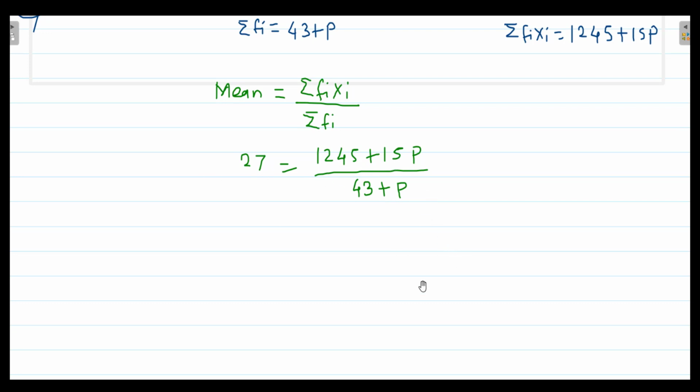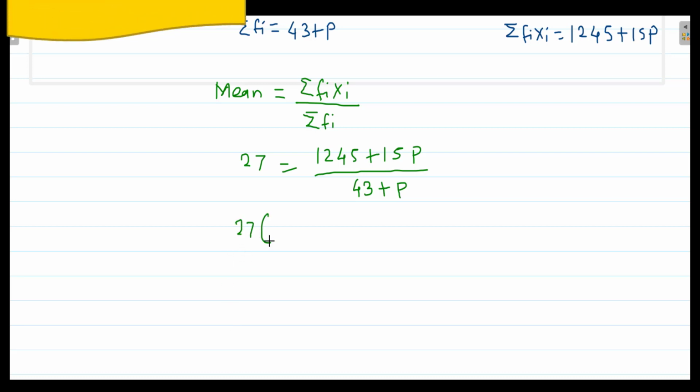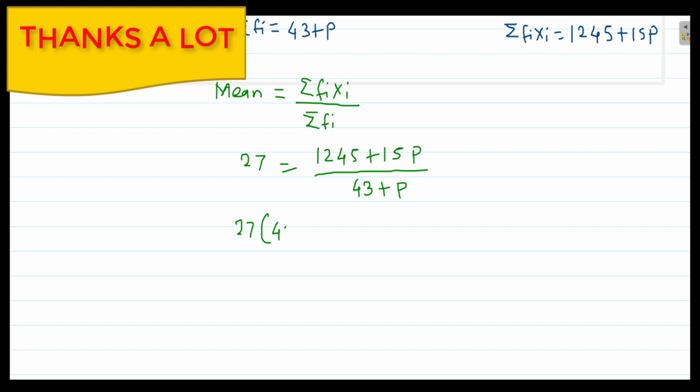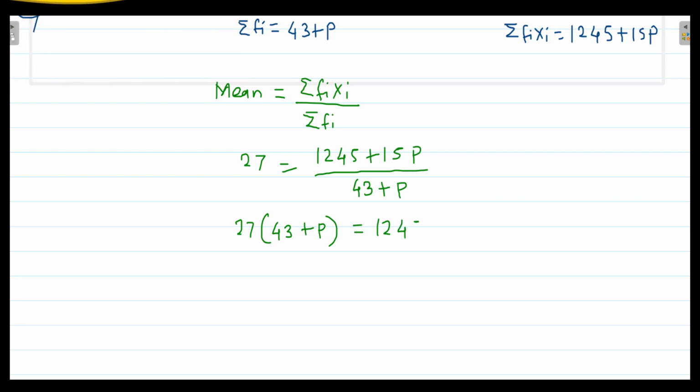So here cross multiply, so you will get it as 27 into bracket 43 plus P, which is equal to 1245 plus 15P. Multiply by 27 inside the bracket. Don't forget to multiply the both terms.